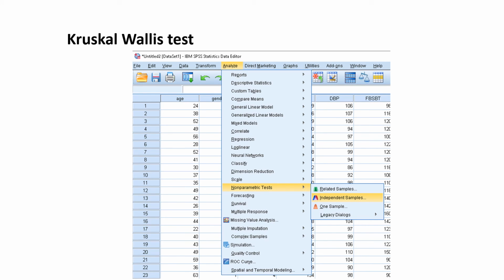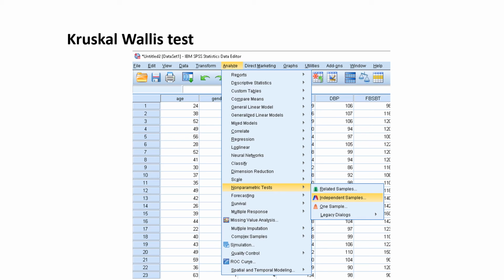Another one: we can see how to do the Kruskal-Wallis test in SPSS. Analyze, non-parametric test, independent samples. You have to click independent samples. For the Mann-Whitney U test also you select independent samples, but for the Mann-Whitney U test only 2 categories are there.